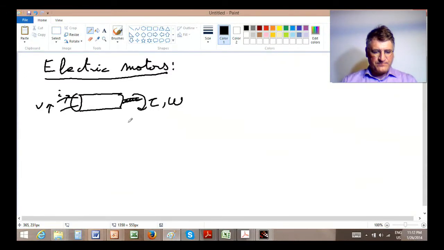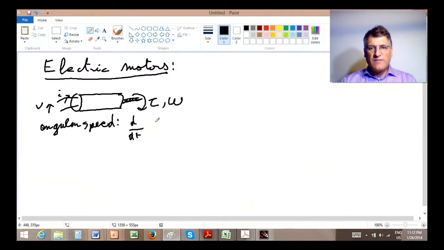Now, the equation of a motor reads as follows. First, we have the equation about angular speed. Oh, and by the way, this is for a brush motor, a very classical brush motor.